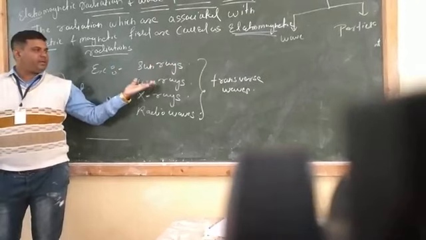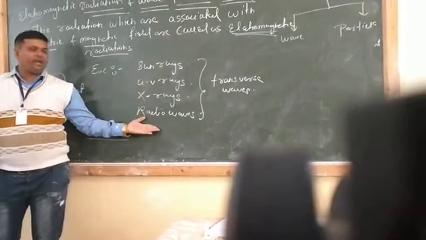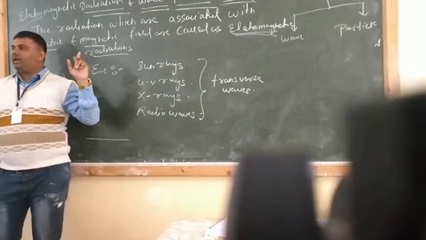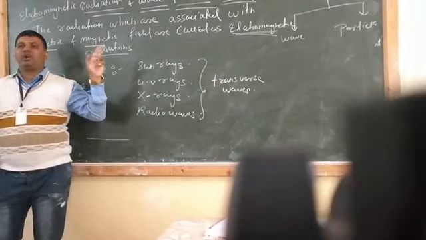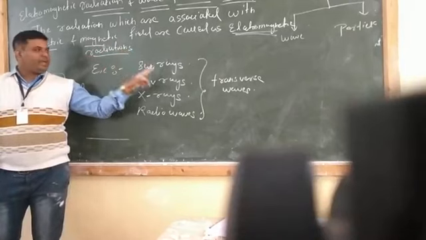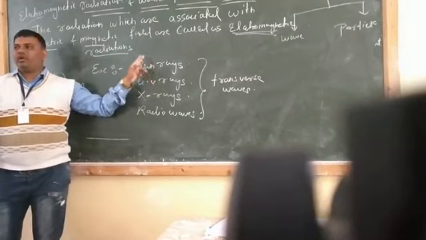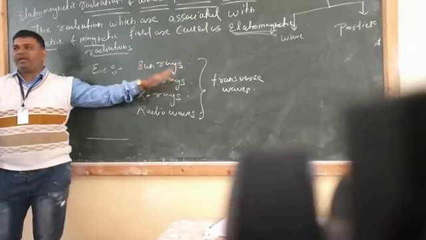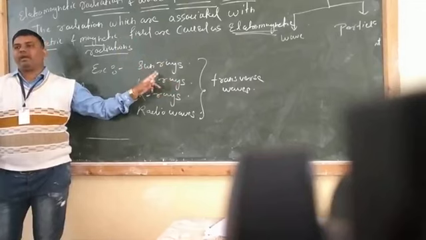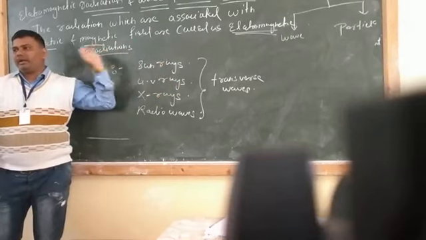Examples are sun rays, UV rays, X rays and radio waves. One thing you people need to remember here is electromagnetic radiation does not require any kind of a medium. राइट. एग्जाम्पल इज सन रेज. सन को कोई मीडियम होता है क्या यहाँ पे अर्थ तक आने के लिए? नो. So sun rays are called as the electromagnetic rays or the electromagnetic radiations.